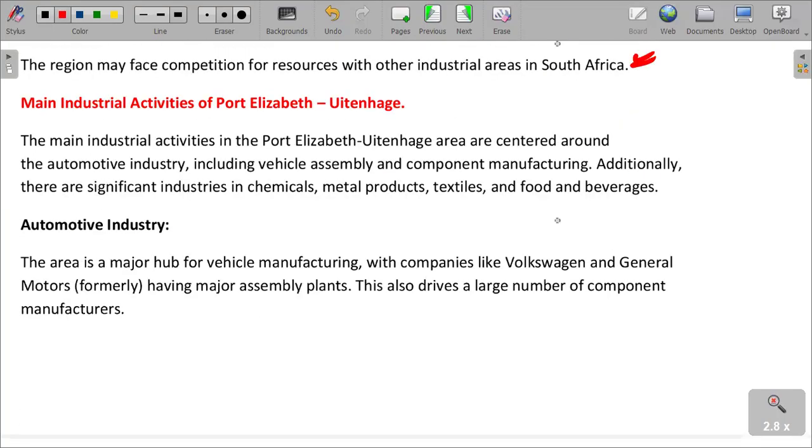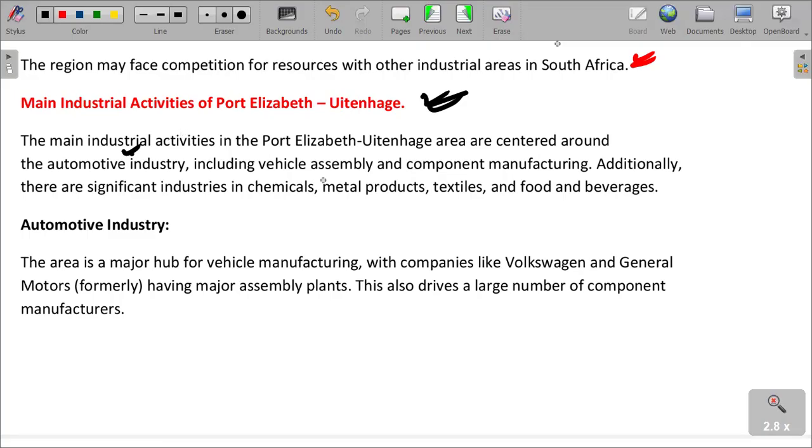So I want us to look at main industrial activities of Port Elizabeth. The main industrial activities in Port Elizabeth are centered around the automotive industry. We talked about the motor industry because of the importation and exportation of car parts and accessories.